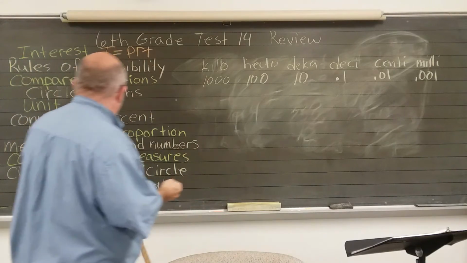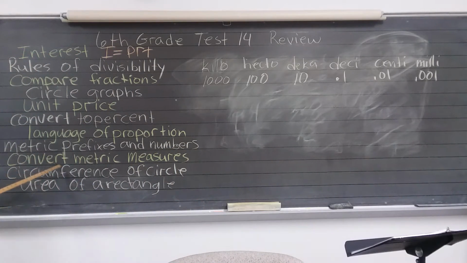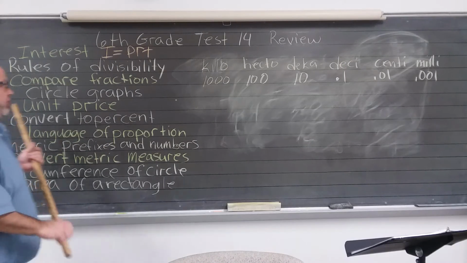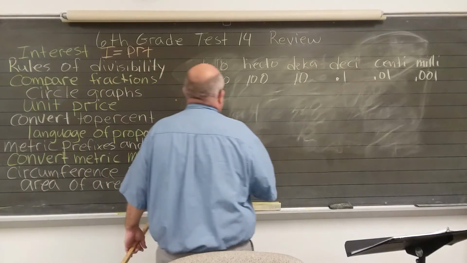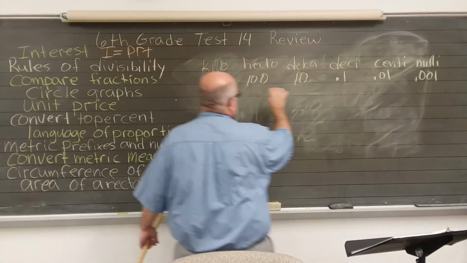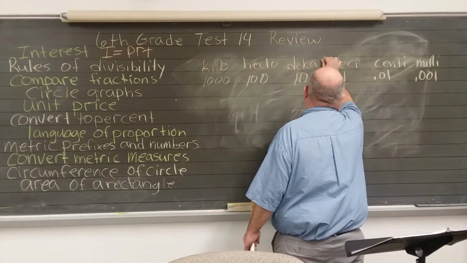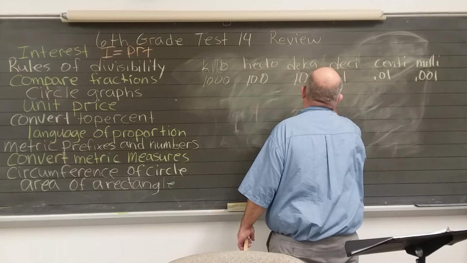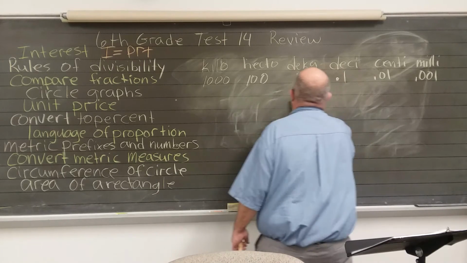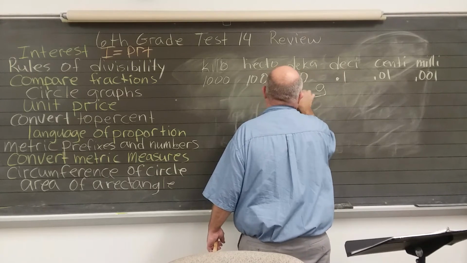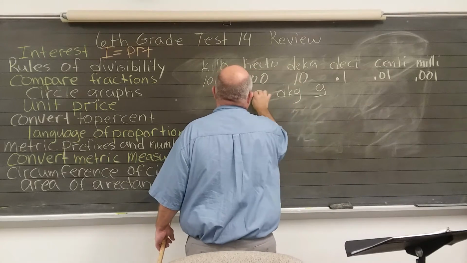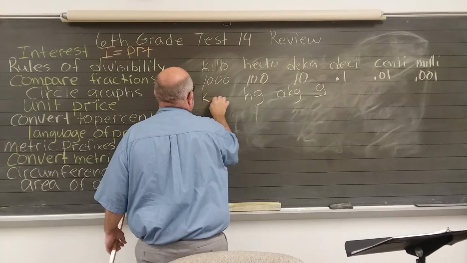And then you also need to convert metric measures, like, let's say we have grams. Grams is right in here. You have the middle thing, G. So then you have DKG, HG, and KG.